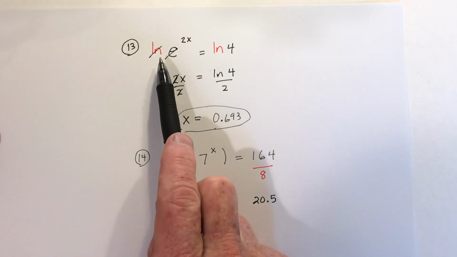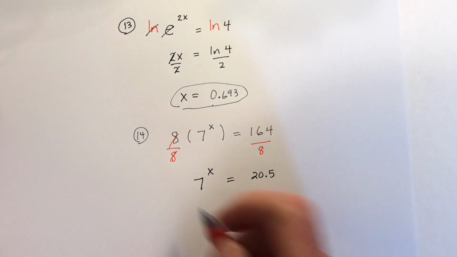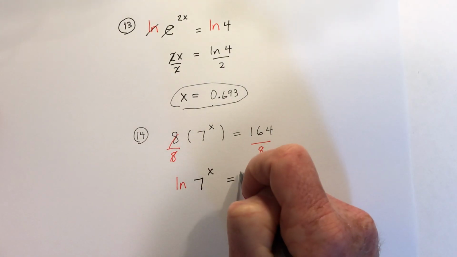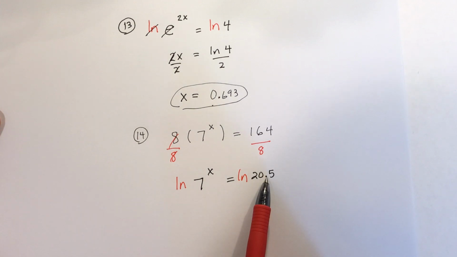And just like on the last one, I'm going to take natural log of both sides. And you might be saying, wait a second, that's not the opposite of the 7 power. That's okay, because these are not going to cancel each other out, but my calculator can figure out natural log of 7, and it can figure out natural log of 20.5, so no problem.